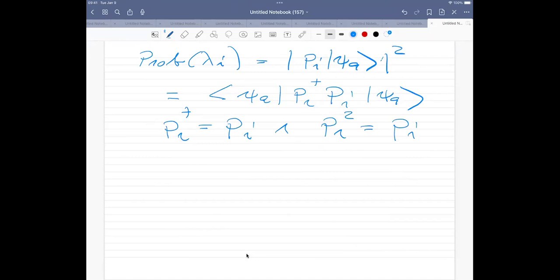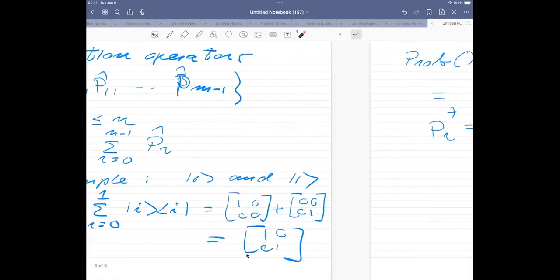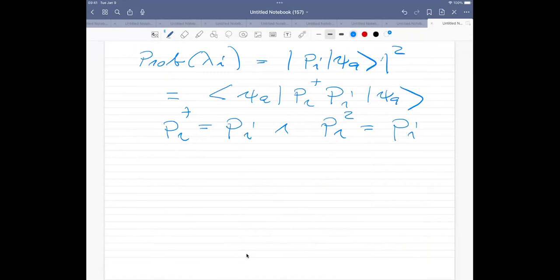If I square this one, it gets back to itself. And if I square this one, it gets back to itself. These are typical examples of situations which we will encounter when we are setting up an outer product, and these outer products function as projection operators. So if I use this, then we know that this has to be equal to psi of A, P of i, psi of A.